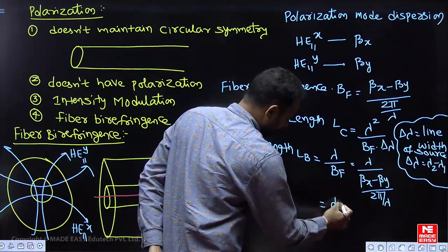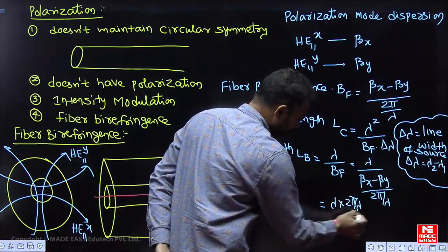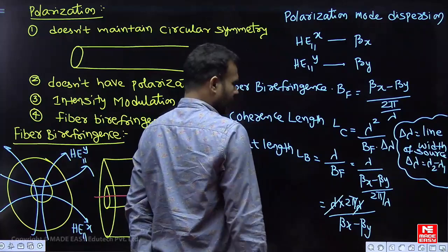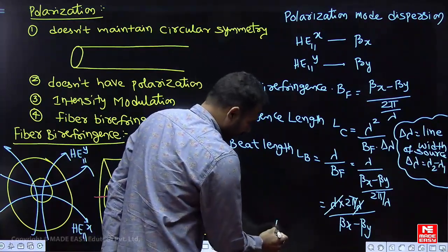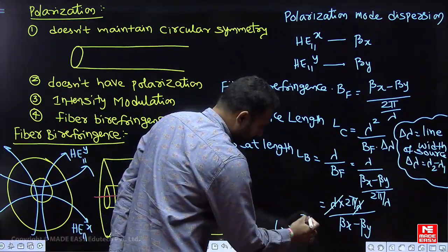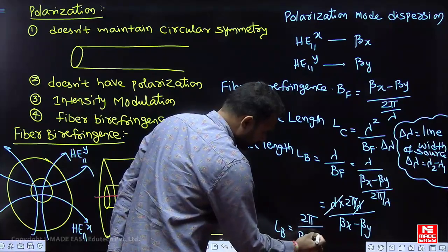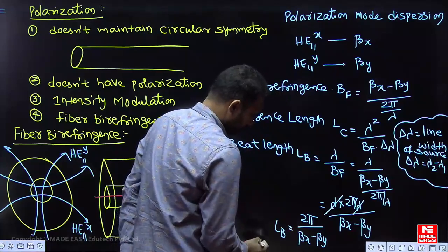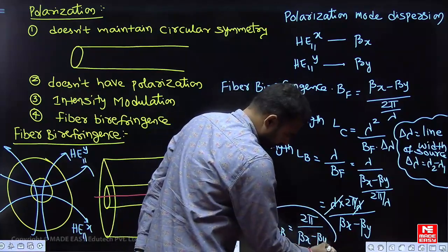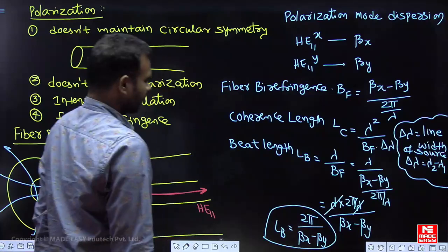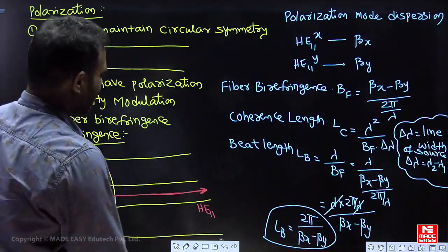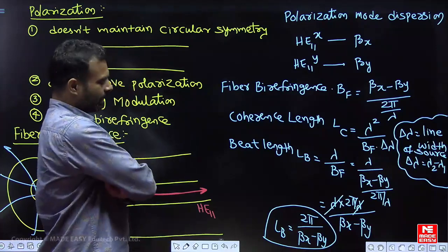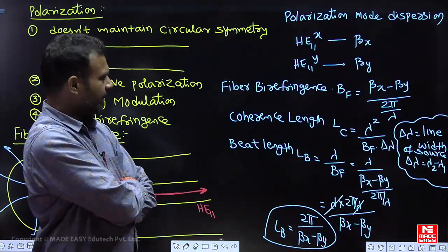We can write this as lambda into 2 pi by lambda times beta x minus beta y, lambda cancels. Then LB is equal to 2 pi divided by beta x minus beta y. This is called your beat length.